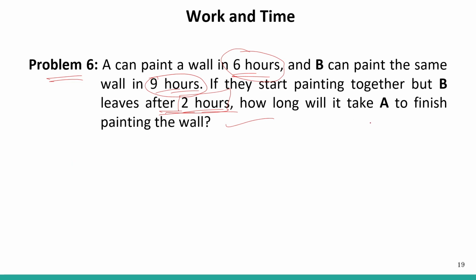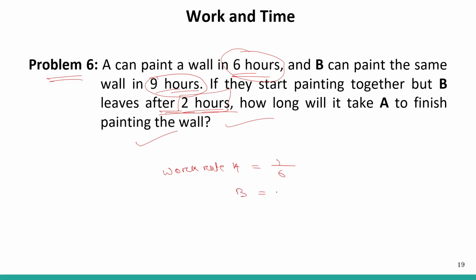So how long will it take A to finish painting the wall? Okay, so let's calculate the combined work rate. In order to figure out the combined work rate, we have to calculate first the work rate of A, that is equal to 1 by 6.